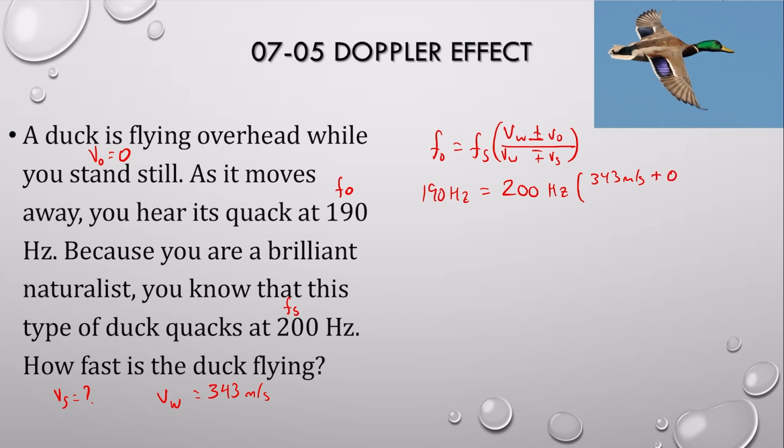The observer is not moving, so it doesn't matter if we do a plus or minus, since we'll be adding or subtracting 0. The velocity of the source is what we're looking for. It says as it moves away, and the top sign is towards, so the bottom one would be away. We're looking for v_s.